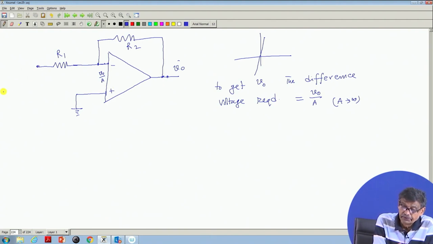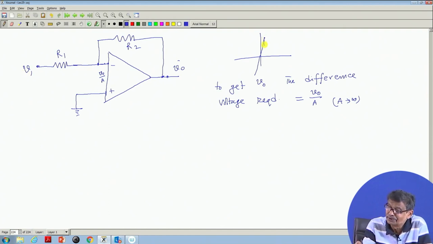For example, you give V1 here, of the level of say millivolts. But this zone, as I told you, it is microvolt, less than that even, this linear zone. Therefore, the voltage existing between these 2 points compared to this V1 or V naught can be neglected.